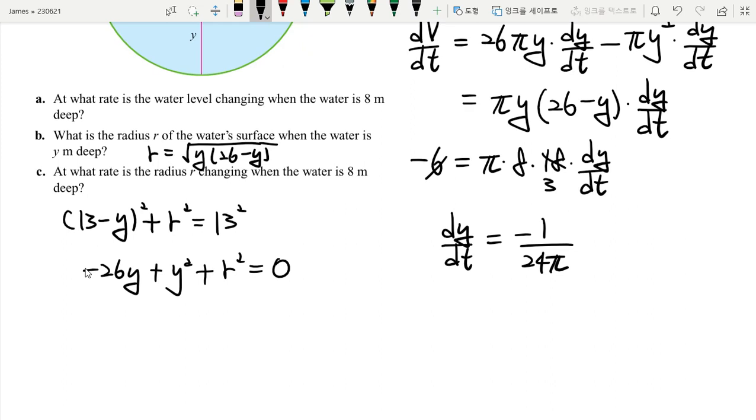And then if we want to find the radius change, let's differentiate this equation.